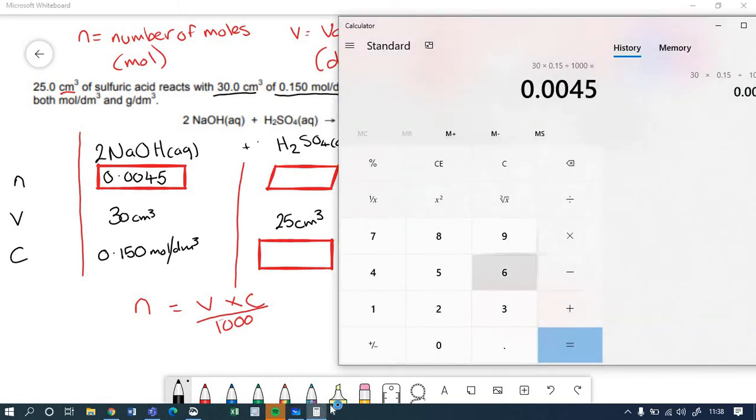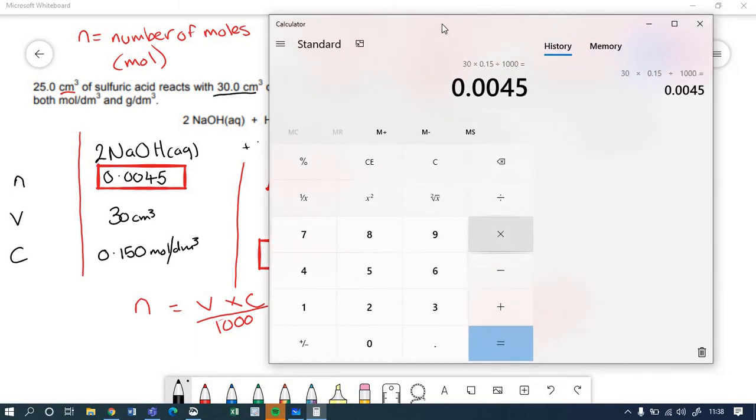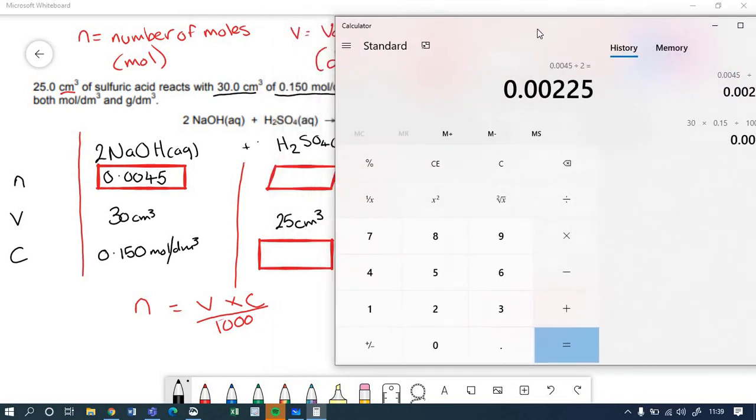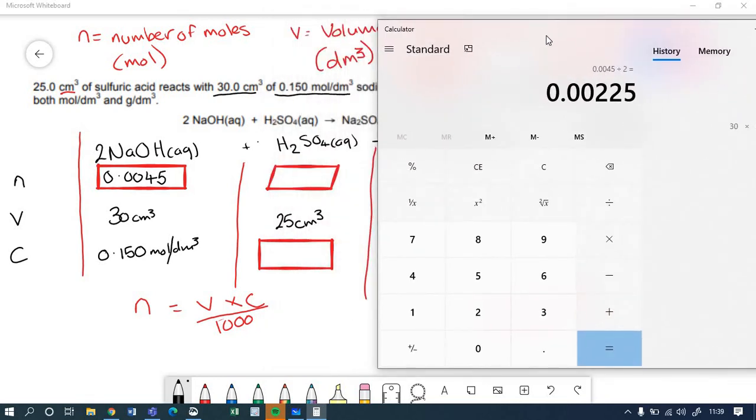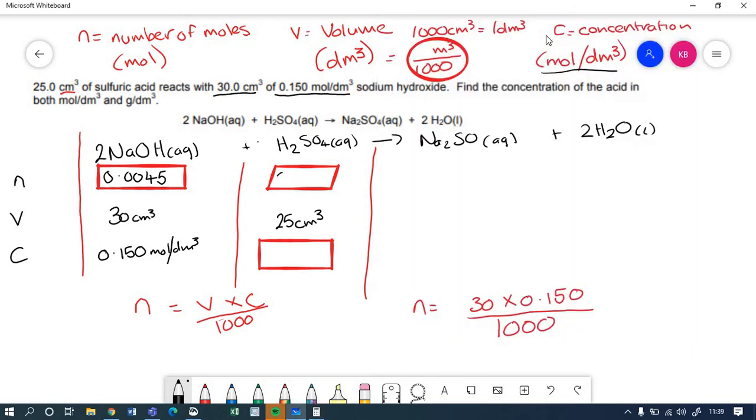Well, back into the calculator, I've got my answer. If that value is 2 moles, to work out what 1 mole is, I divide that by 2. So it's 0.00225. So this answer here would be 0.00225.